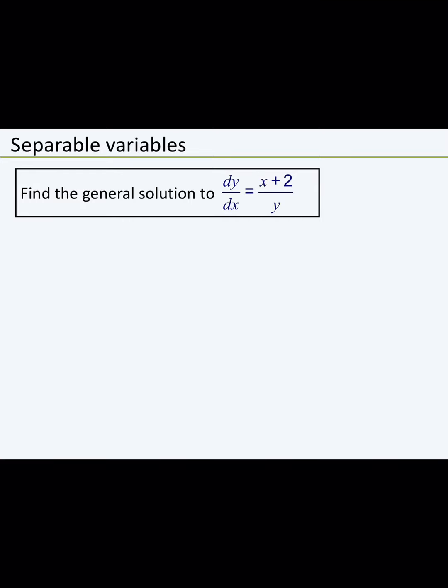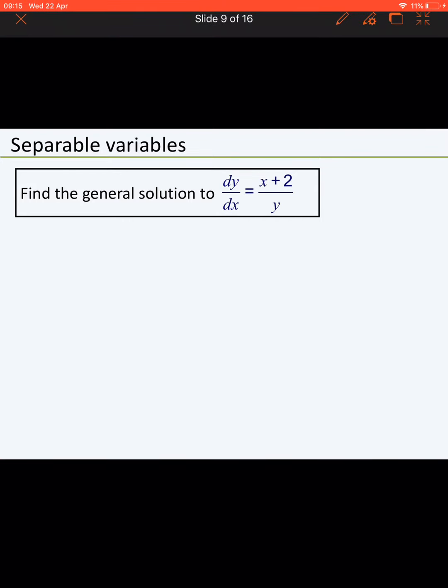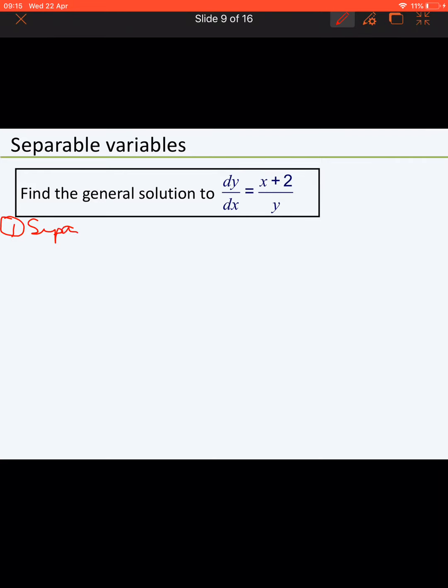Okay, let's have a look then at this example. So again, we've got: find the general solution to dy by dx is equal to x plus 2 over y. Okay, so step 1, remember, was separate.